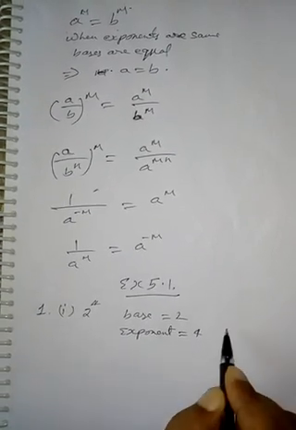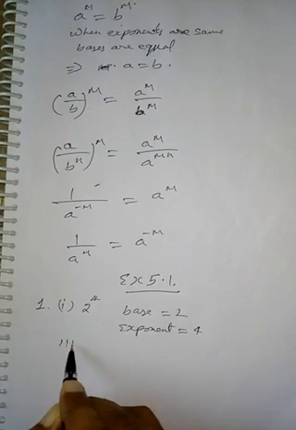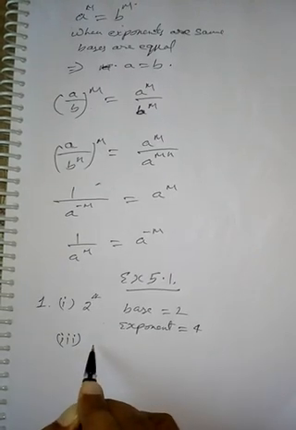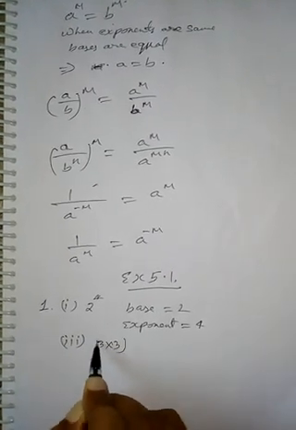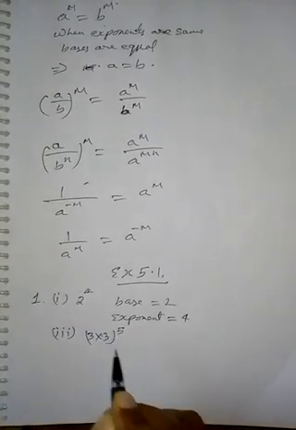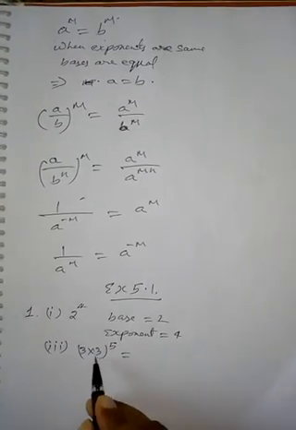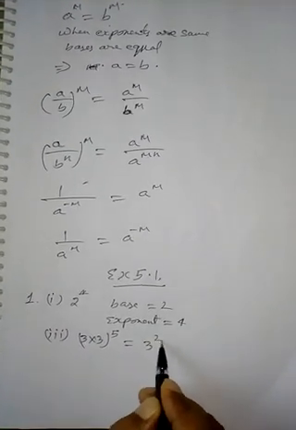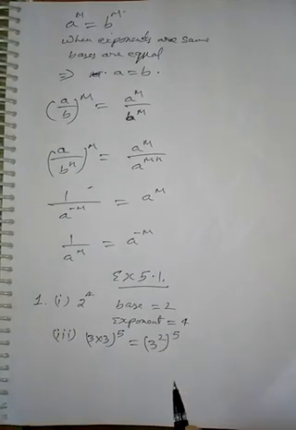Let's do one more part of this question. Third part. 3 into 3 raised to the power 5. What can we do? We can write 3 raised to the power 2 whole raised to the power 5.